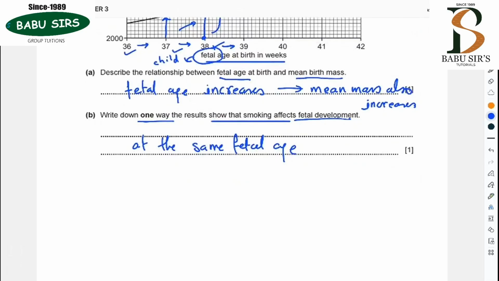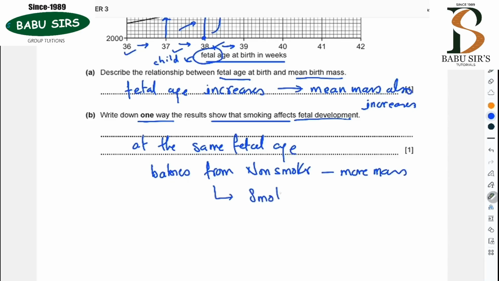So at the same fetal age, babies from non-smokers have more mass and babies from smokers have less mass.